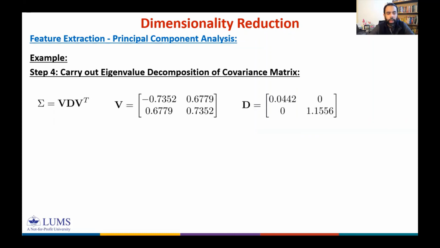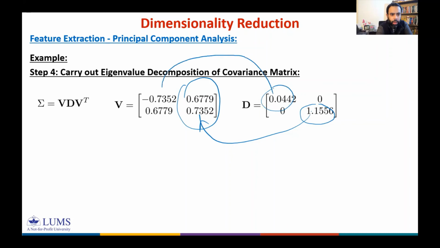How do you interpret these eigenvalues? So 1.156, this eigenvalue is associated with this eigenvector, right? And 0.0442, this is associated with this eigenvector.